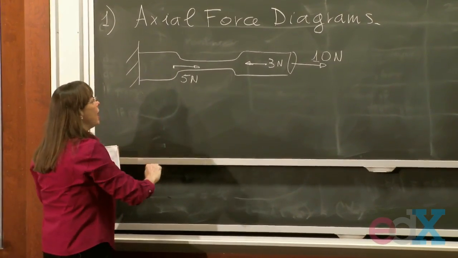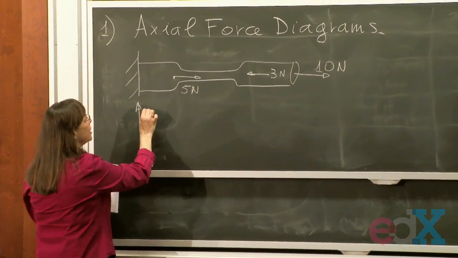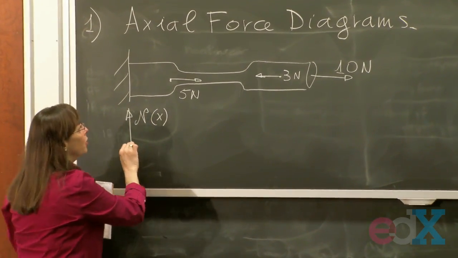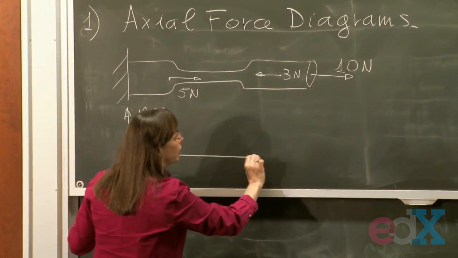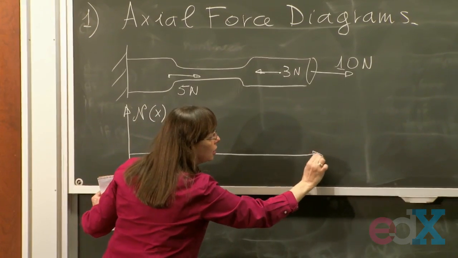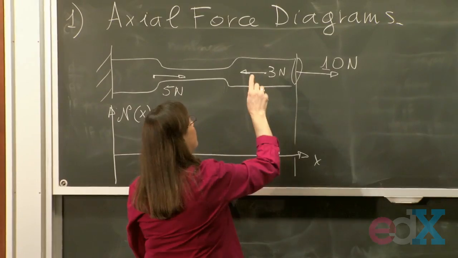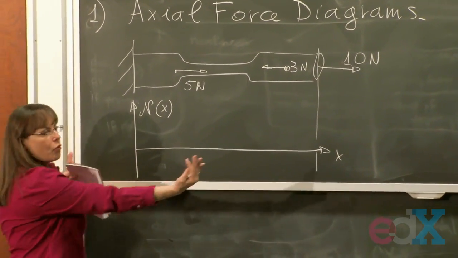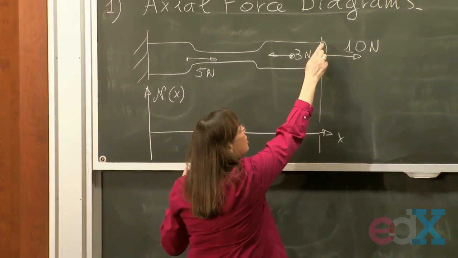So if we do this at every section, what you build up by doing this is the axial force diagram, N of x. So that's a very important guide for our class. So how did we build it up? We said, okay, a good idea when you build your axial force diagram is to put it right underneath your structure, right underneath your bar, so that you can just make lines.